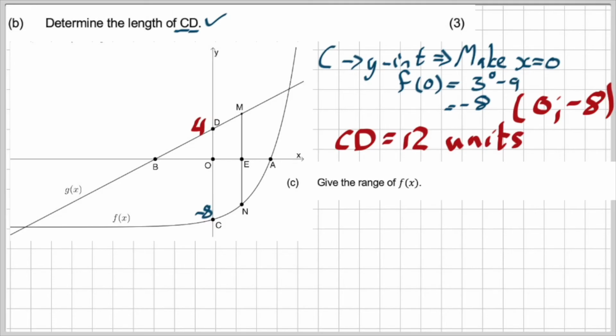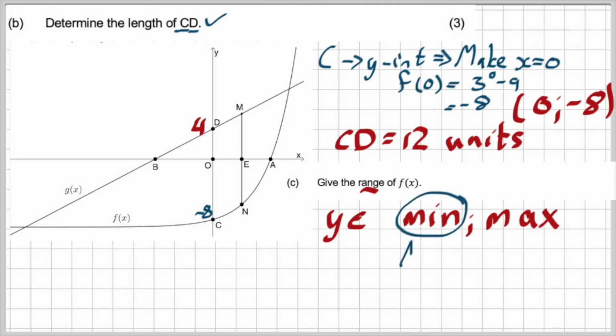Give the range of f. Now, before we actually get to f, what does range mean? Range means that, and I love interval notation when it comes to ranges and domains, because it's always got this built-in minimums and maximums, and it tells me where I want to go. So I know that I need the lowest y value, and I know I need the highest y value.